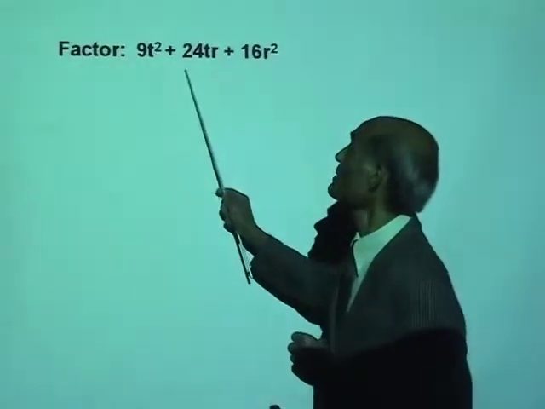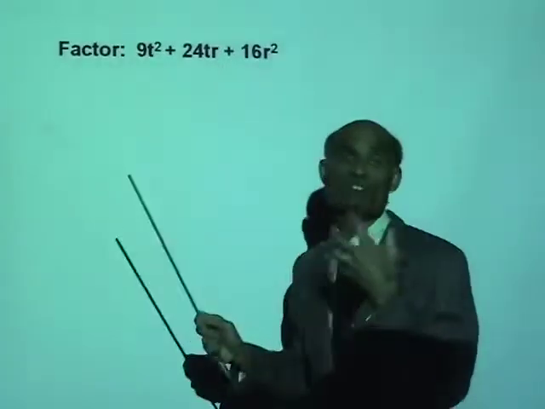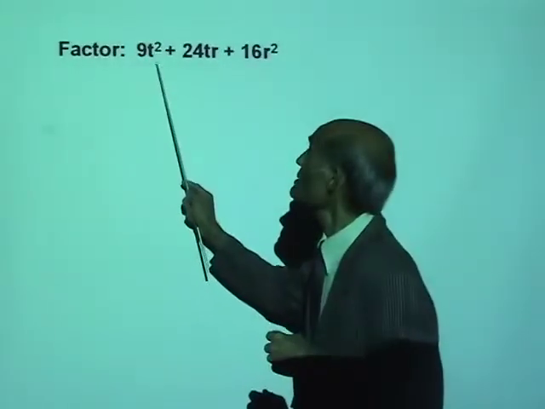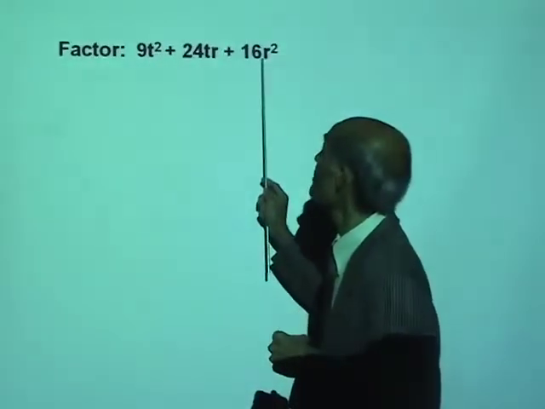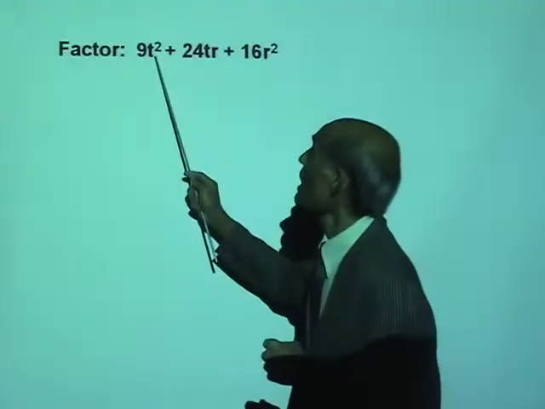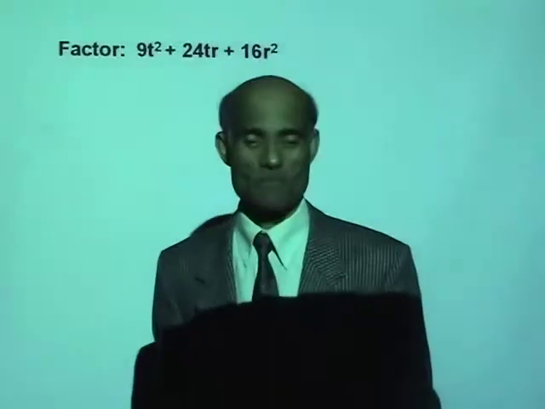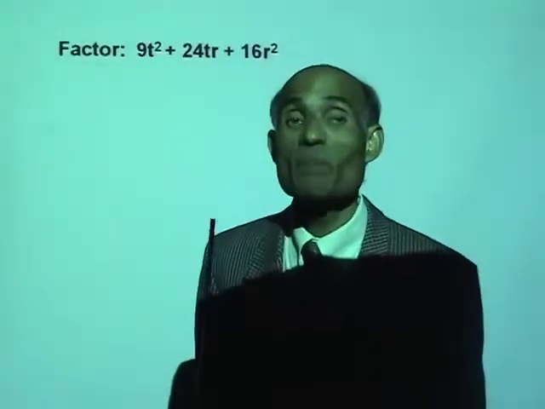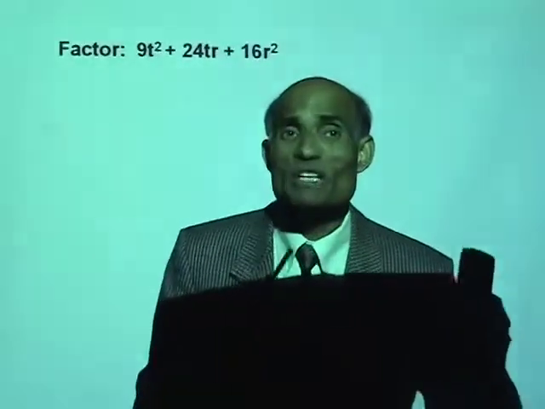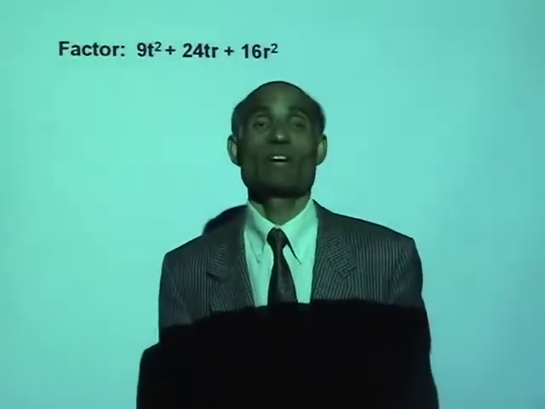No. 9, 24, 16, no common factor. T squared, t, and there is no t. There is no r in the first term. There are no common factors. So we proceed by following the trinomial method.